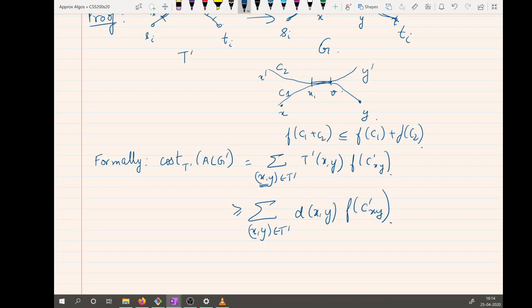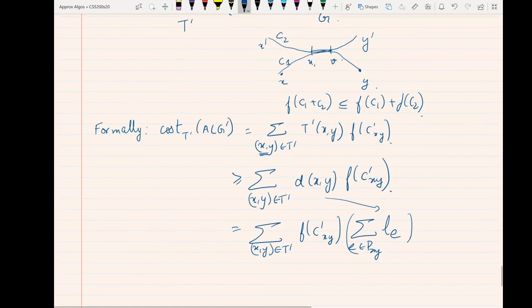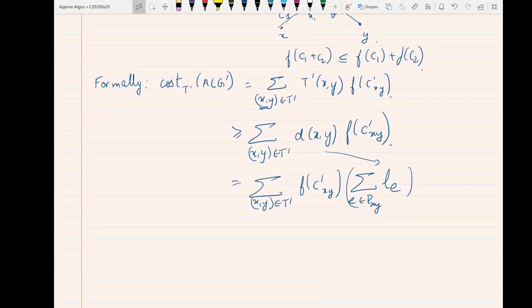This again, I'm going to split up as the sum of all the edges in the path on xy of LE. So this is by definition. And this seems to make it closer to what we'd like. Now I can switch the order of the summation and say that we'll look at every edge in the graph. Its coefficient appears with LE.